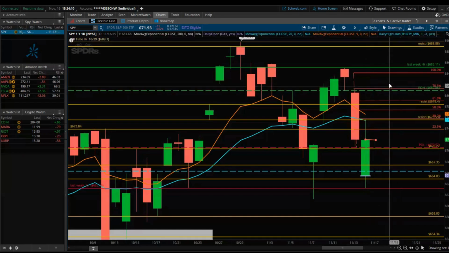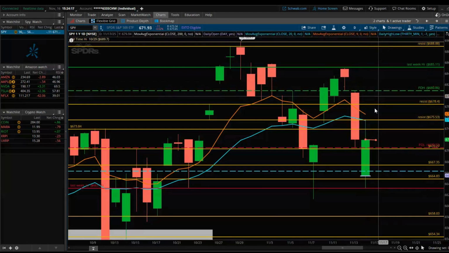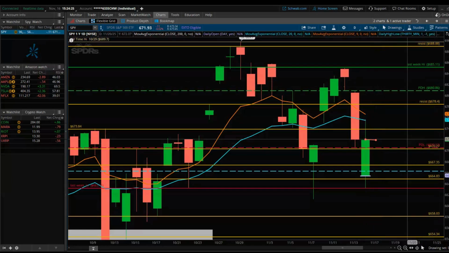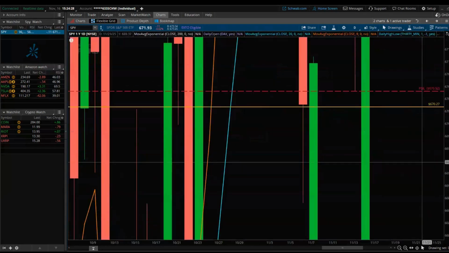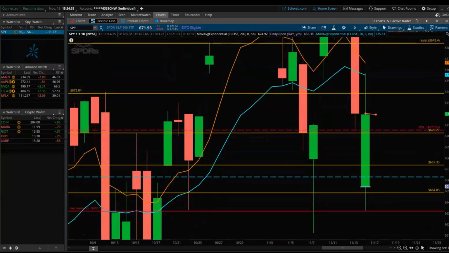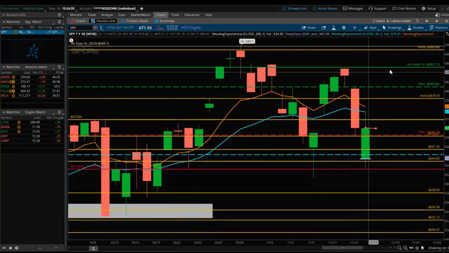Okay, let's remove that. Let's remove this support and resistance line. And now I use dotted lines for my daily. Now the weekly chart, those high and low lines will not have to be changed again until next week, because that is the high and low of the previous week.